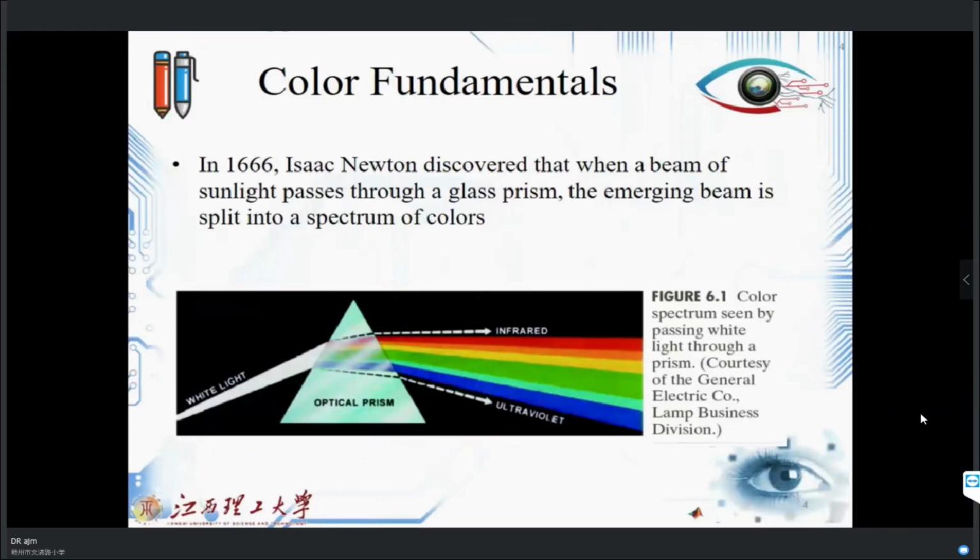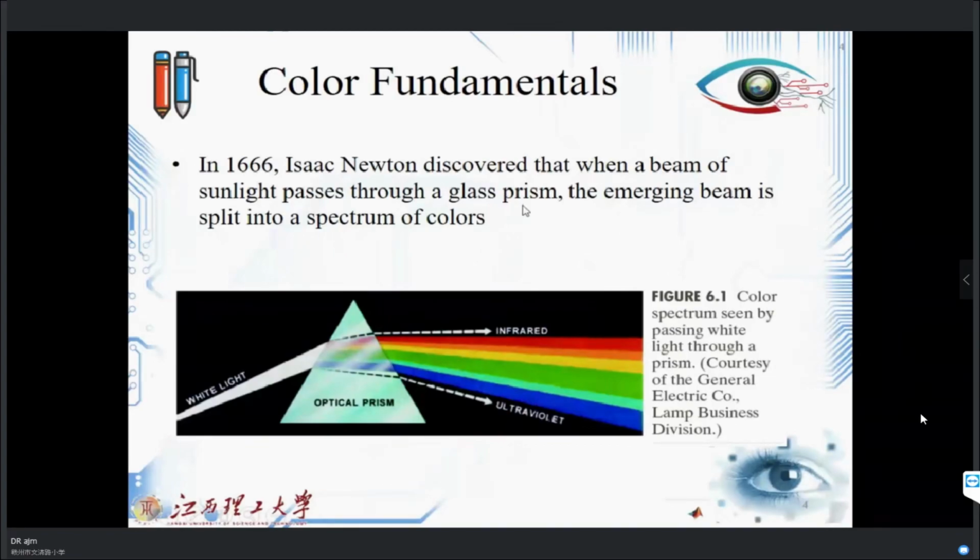As I show here, the color spectrum is seen by passing white light through the prism. We have the range of the infrared and ultraviolet, and the colors which are visible for humans to see.